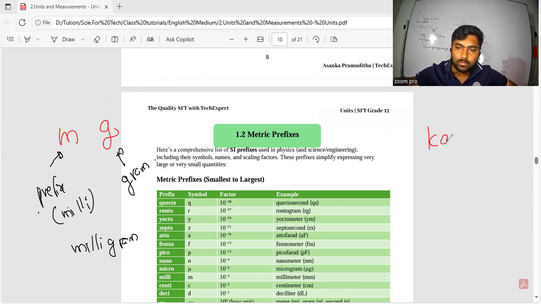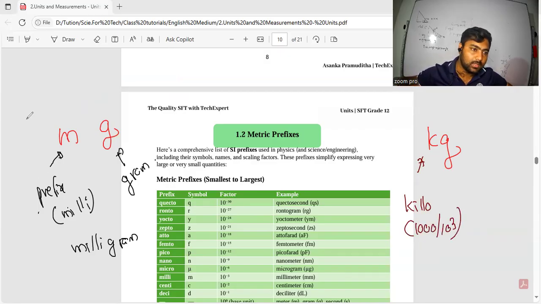Then kilogram. K is kilo. Kilo means 1000, or 10 to the power 3.